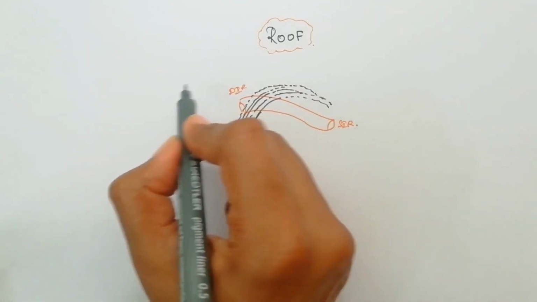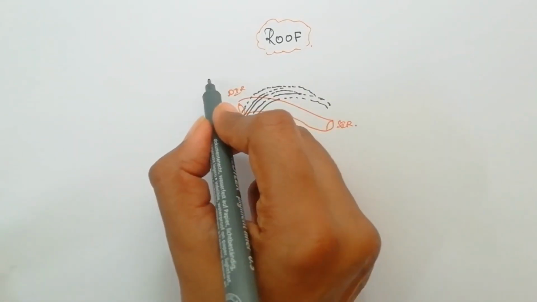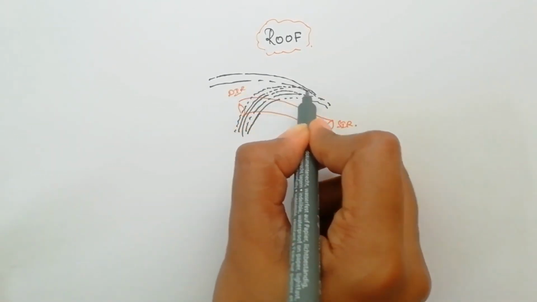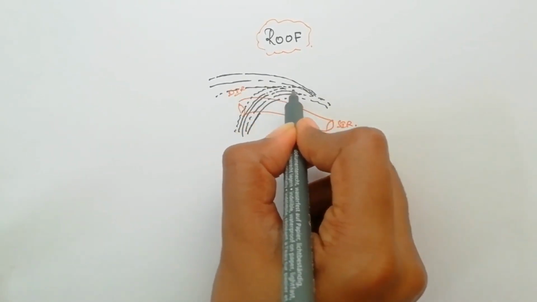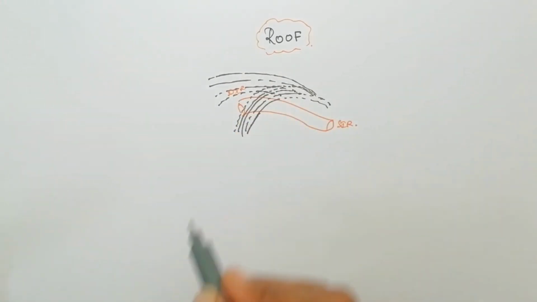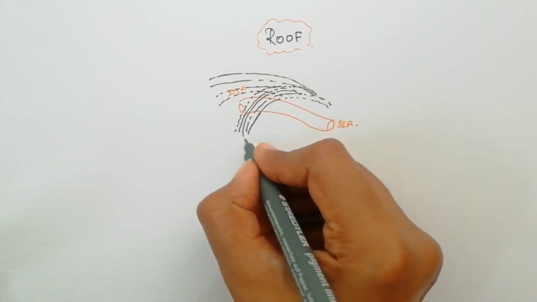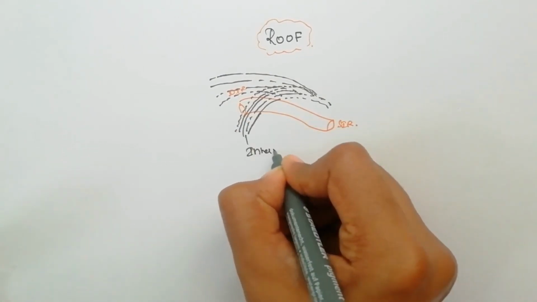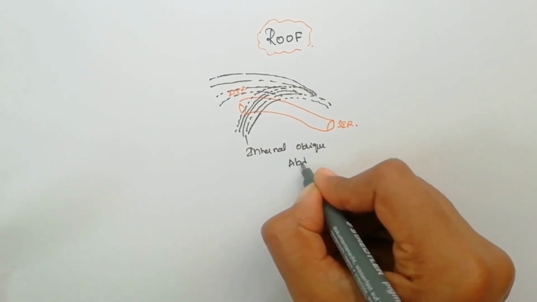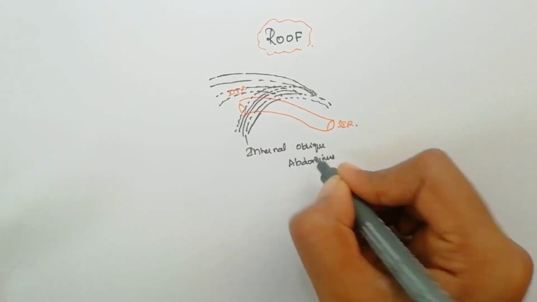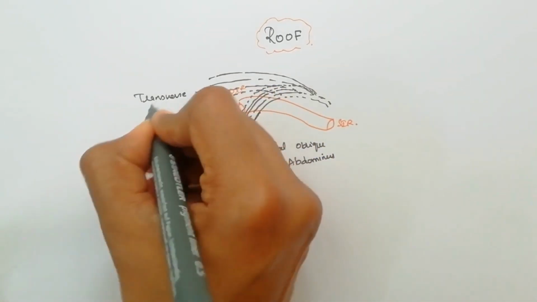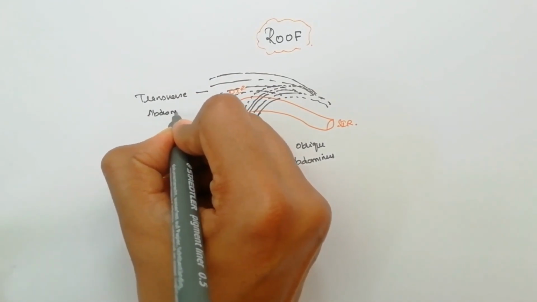And then from the lateral aspect, we have got our transverse abdominis coming. So our transverse abdominis is again going to join with the internal oblique above the inguinal canal. So we have got the fibers of internal oblique abdominis and transverse abdominis.